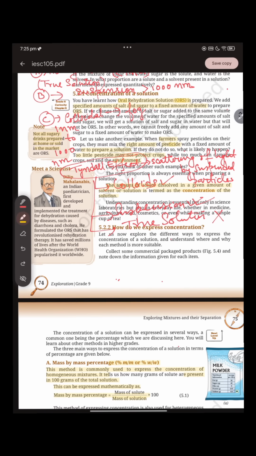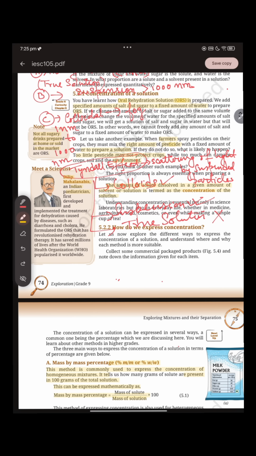Now, this is some information which is very important and you should know as an Indian. Dilip Mahalanabish is an Indian pediatrician, right?